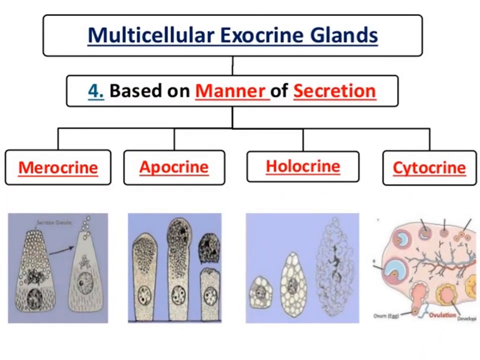Multicellular exocrine glands, and here this is the third classification, it is not actually four, third. The third classification is based on manner of secretion, or we can say mode of secretion. As we said already, these glands are going to secrete either an enzyme or saliva or mucus, whatever substance.